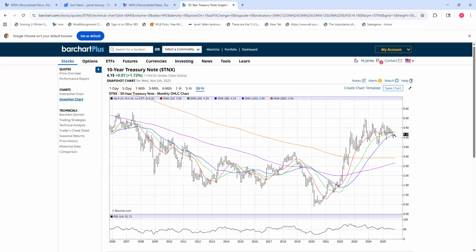So I'm thinking that if this thing starts breaking above where the blue line is, which comes in, let's get this cursor to work for me here, it comes in at around, let's call it 4.14, and let's call the top end 4.30. So if you break above 4.30 and these things start going up, imagine if we went to 4.50 or 5% yield.